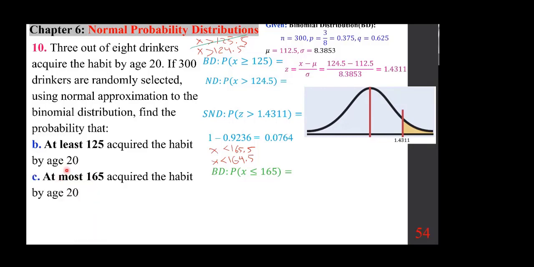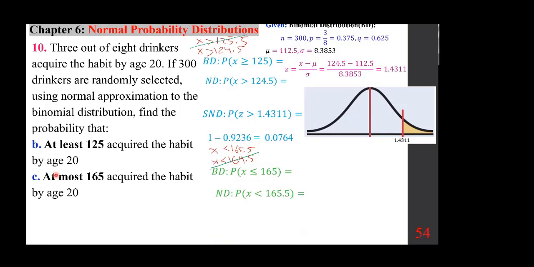Remember, if you go with this one, less than 165.5, the first number is 165, and that's what we need. But if you go with the second one, less than 164.5, the first integer is 164, and we missed the endpoint, namely 165. Therefore, we're going to drop this, and we're going to go with 165.5.